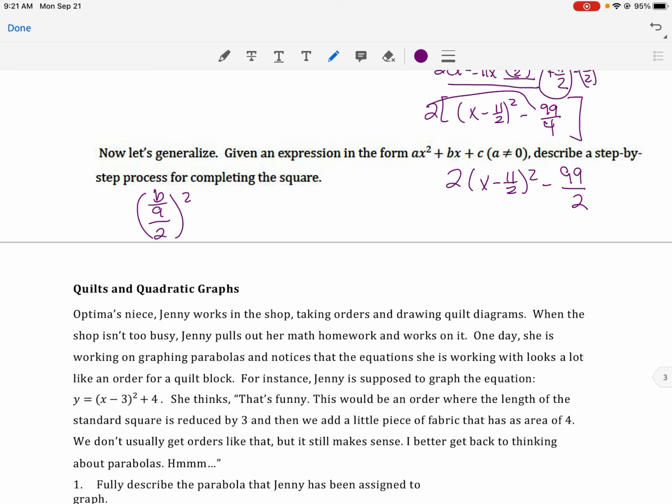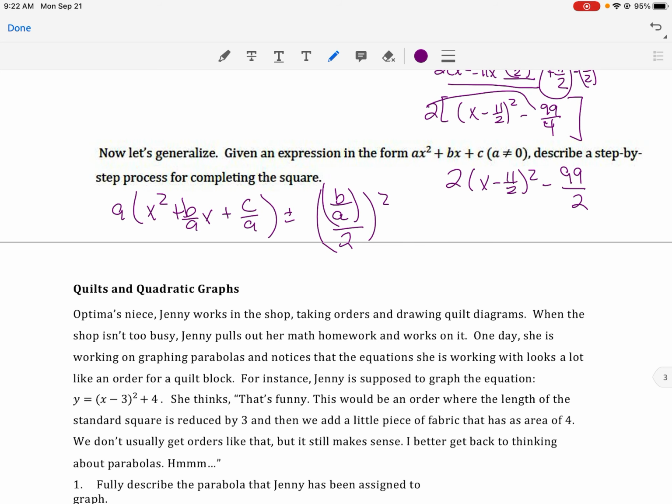But then don't forget that when we add that in, we minus that out, and you have the a on there also. So we factor it into something that looks like a times x squared plus b divided by a x plus c divided by a. Then you have to take the b divided by a divided by 2, square that whole thing, and plus and minus it on the end.